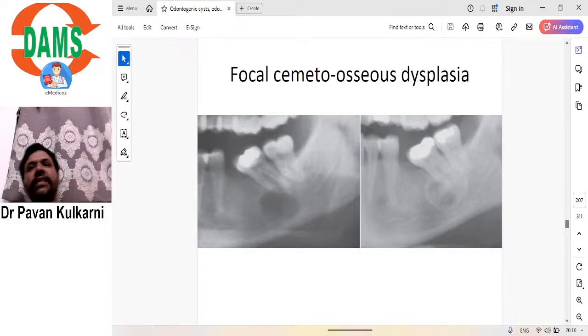After some days, in the same lesion there will be bone formation. There will be a mixed lesion. So focal cementoosseous dysplasia is a reactive lesion. Initially the patient will have a single tooth affected, at the root, where you will see one radiolucent area. After some period, because of cementum and bone formation, you will see a mixed radiolucent radiopaque area.